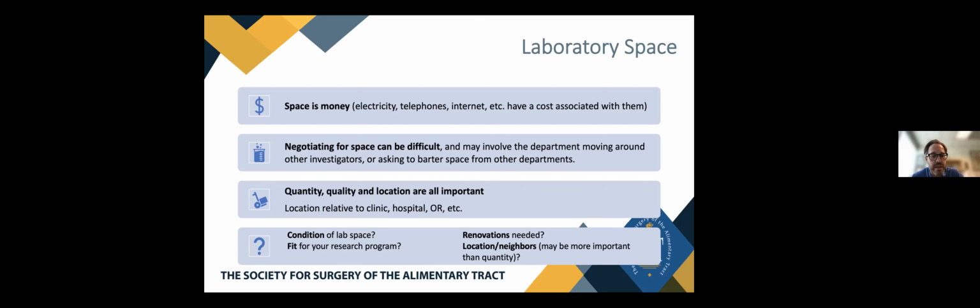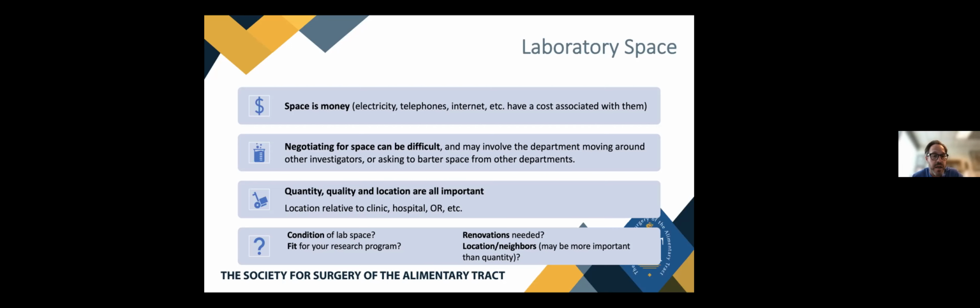And so it's not just a given that you're going to have a position in a certain building. You also need to be thinking about or asking about quantity, quality, and the location. These things are also important, not only relative to potentially mentors and collaborators, but also relative to your clinic, the hospital, the operating room, your office, et cetera. And then finally, I have the condition of the lab space.